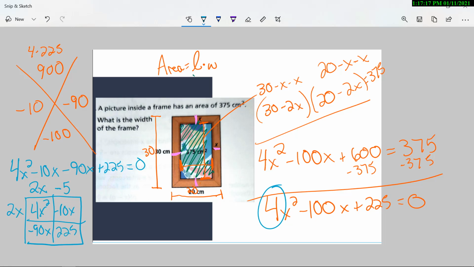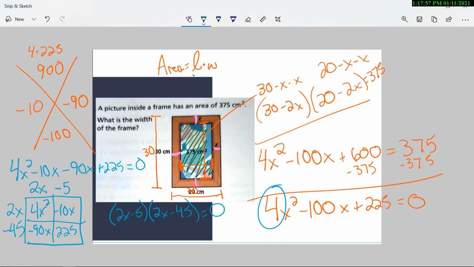So, just like anything else, get out your calculator and divide. I'm thinking, what about 45? So it is negative 45. So you have to make sure you have the greatest common factor. All right, so we're at 2x minus 5 times 2x minus 45, and that equals 0.